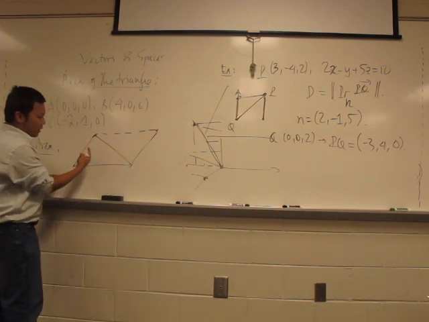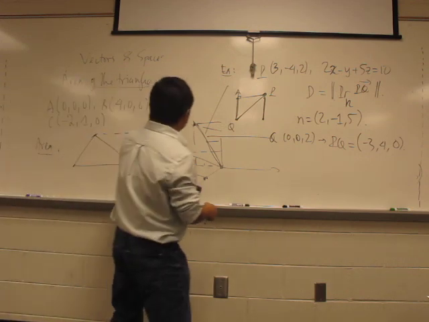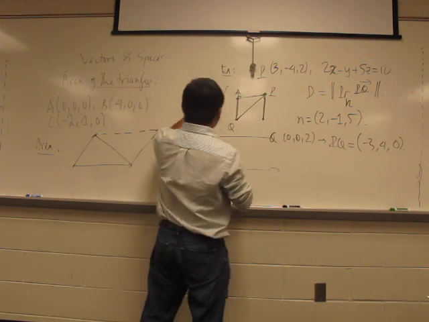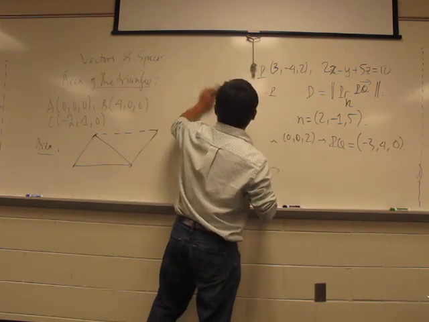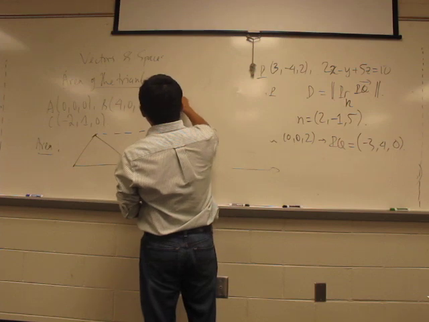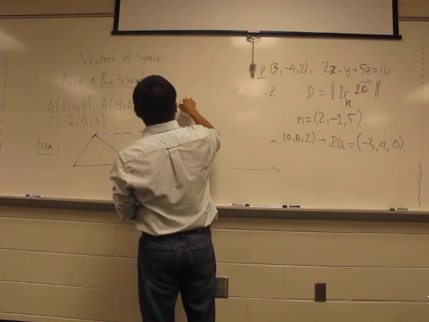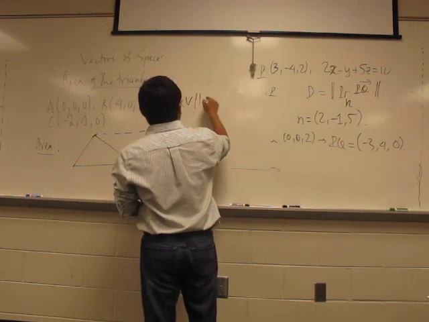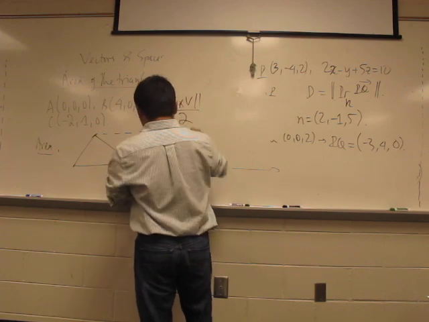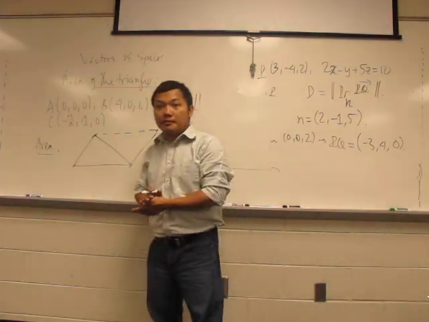So the area of this triangle is half of the norm of the cross product. Basically, if you have U and V, you take the cross product, apply the norm, divide by 2, and you get the area. That's it.